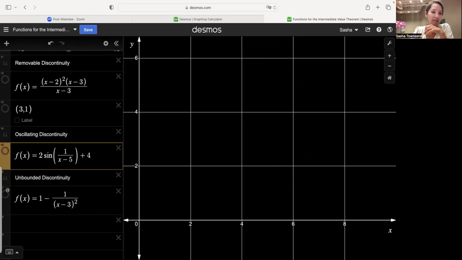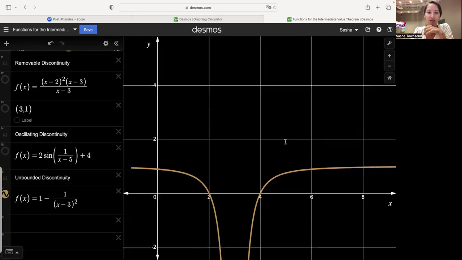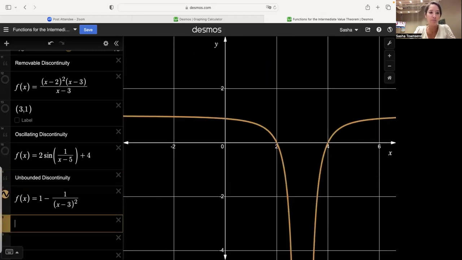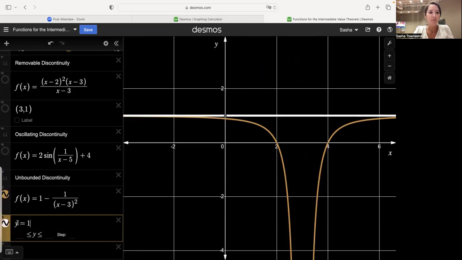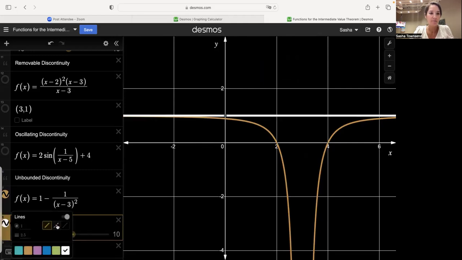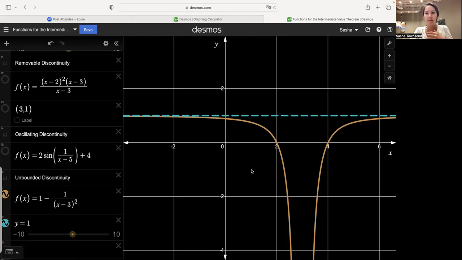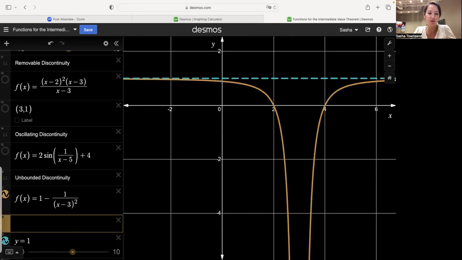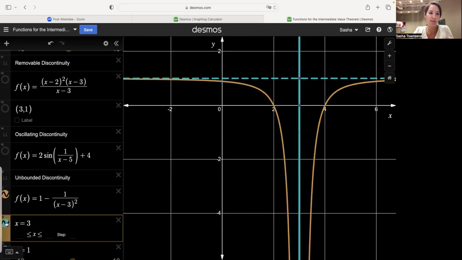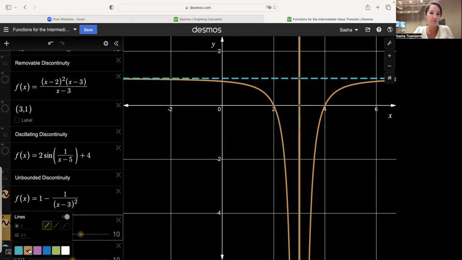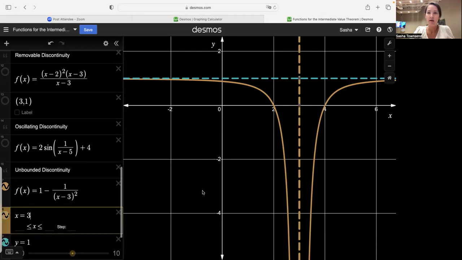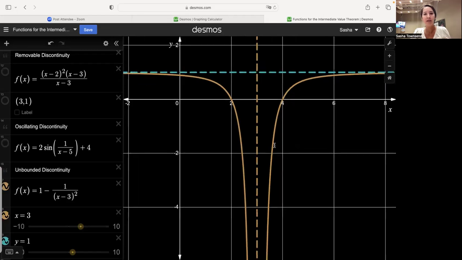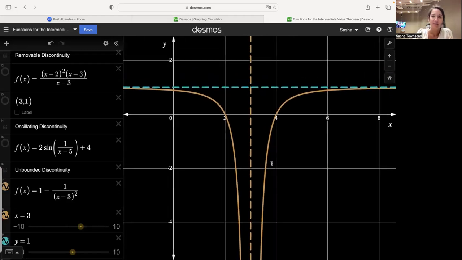And then with the unbounded discontinuity, here's an example of an unbounded one. So this particular function has a horizontal asymptote of y equals 1 and a vertical asymptote of x equals 3. And that's what our function looks like.